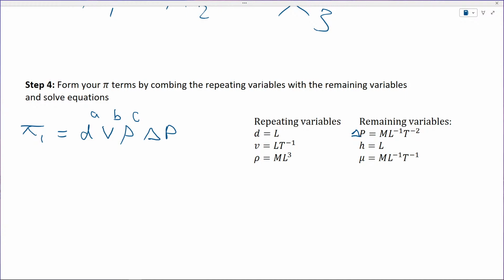So I want to keep playing with these powers, a, b, like a plus 1 minus 1, b plus 1 minus 1 plus 3, whatever, until I make my right hand term dimensionless like my left hand term. Remember, the dimension of the left hand side is M to the power of 0, L to the power of 0, T to the power of 0.